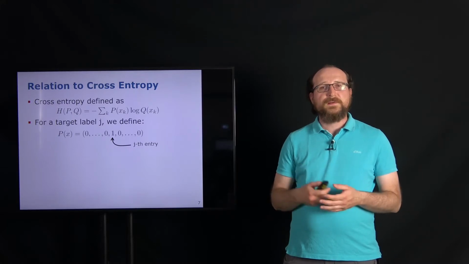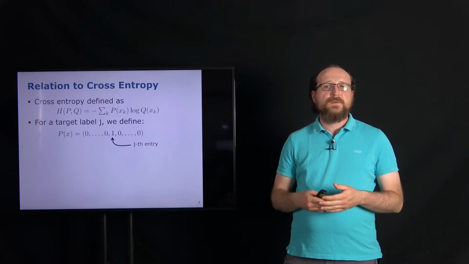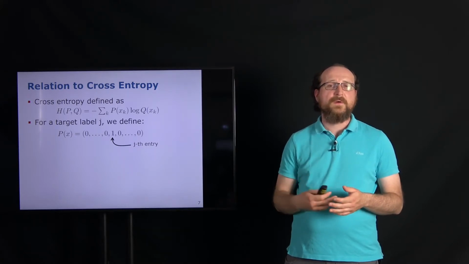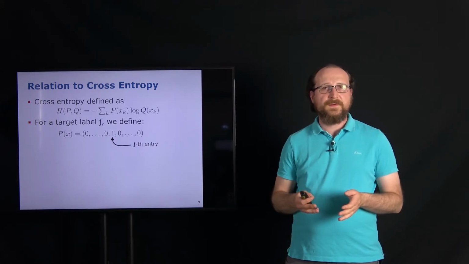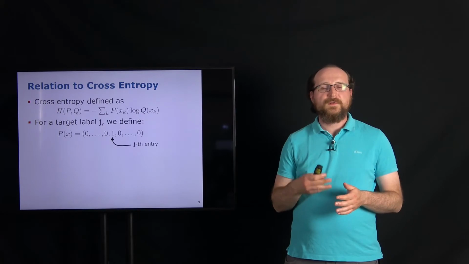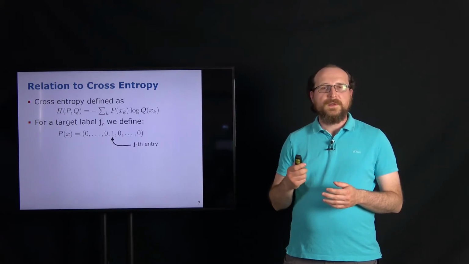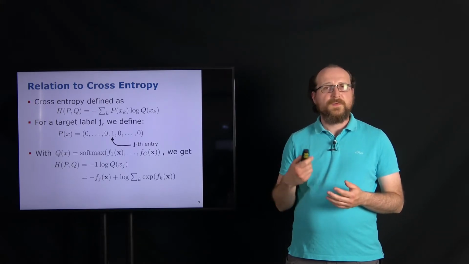For our target label J, we are now encoding the probability distribution as the one hot vector encoding. So all the entries for all other classes are basically 0, and for the Jth entry, we are just putting a 1 there. And for the Q distribution, we are just using the softmax as before.